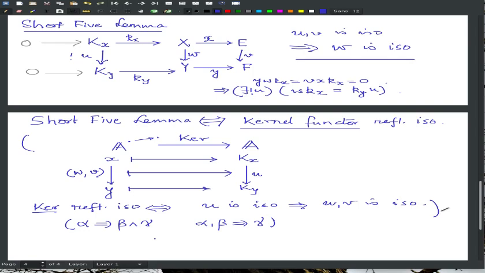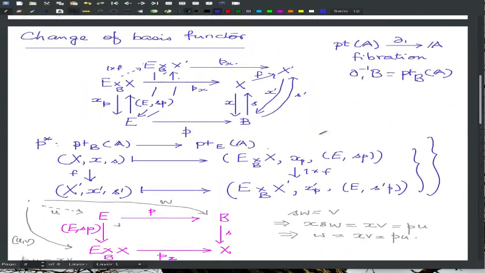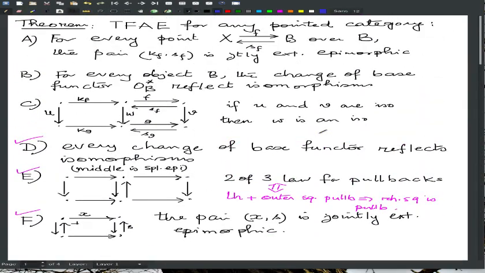So what I'm saying is this fact is equivalent to the kernel functor reflecting isomorphisms. So therefore this fact is something very, very similar.